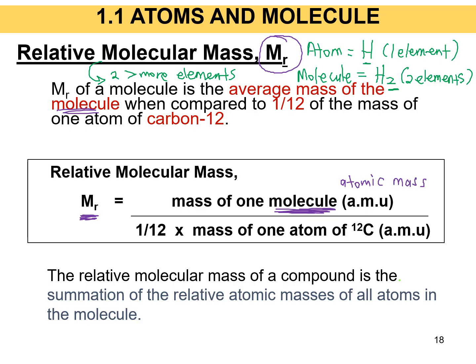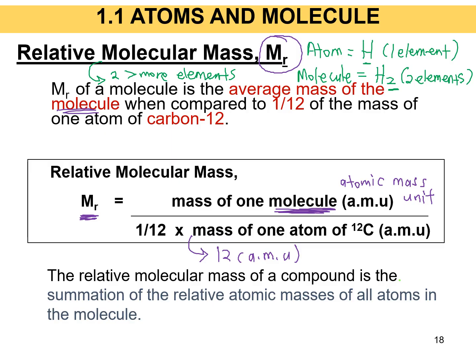Atomic mass unit. Tetapi biasanya di sini dia akan jadi mass of one molecule. Okay. And then you have to divide it by 1/12 times with the mass of one carbon 12 atom. You already know the mass of carbon 12 atom ni adalah 12 AMU.